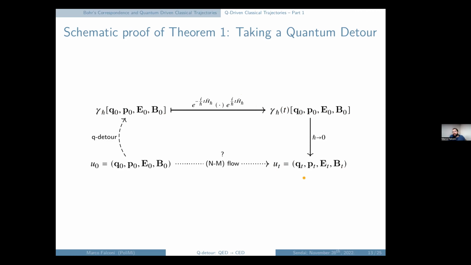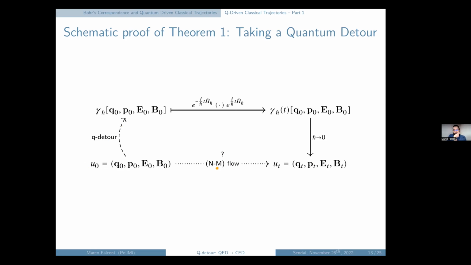Well, and this point at time t will define this Newton-Maxwell flow. So we will show that actually this U_t satisfies in some sense the Newton-Maxwell equations, in a pretty strong sense actually, and so it's a solution of the Newton-Maxwell equations that we have built going through the quantum.